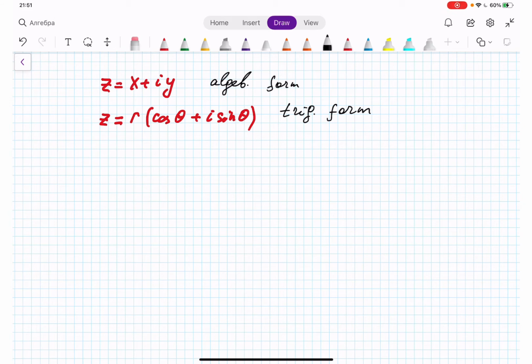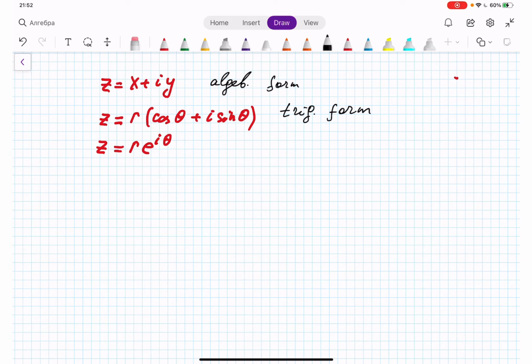Okay, and the form that I haven't introduced to you is the complex number in exponential notation, and that is z, complex number, equals r times e to power i theta.